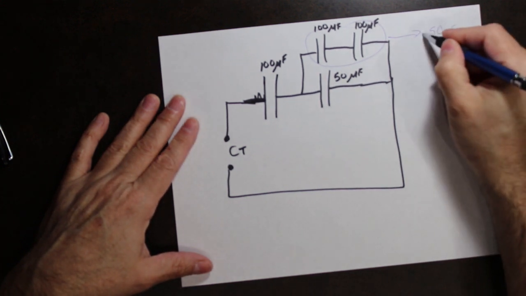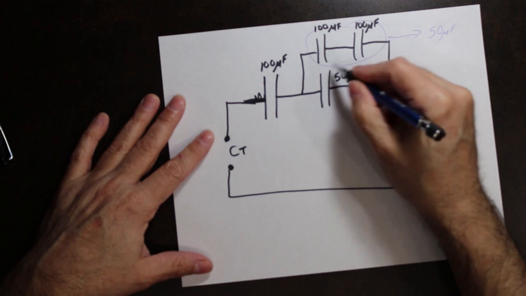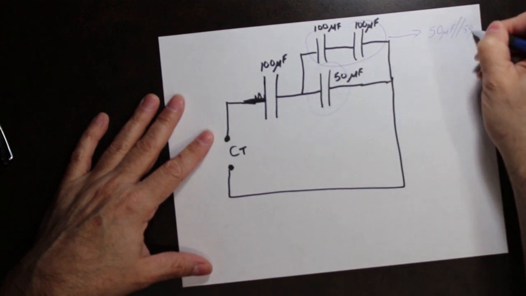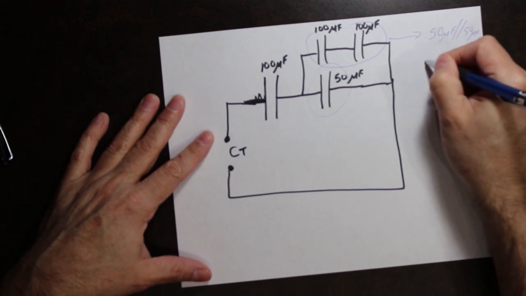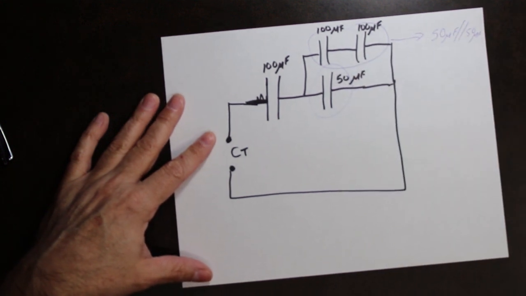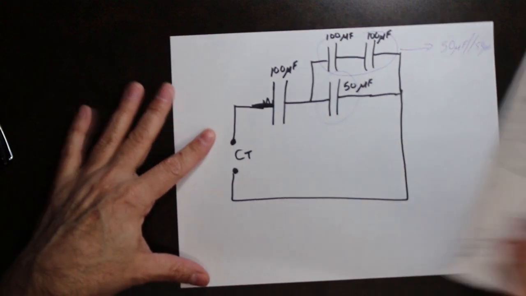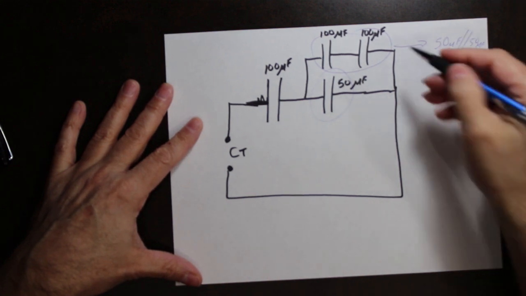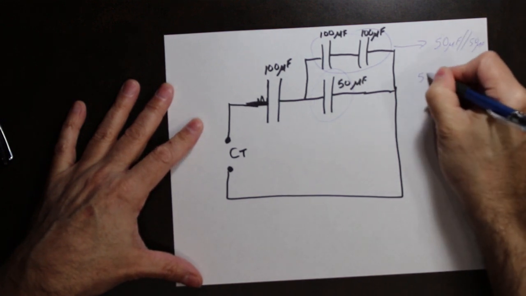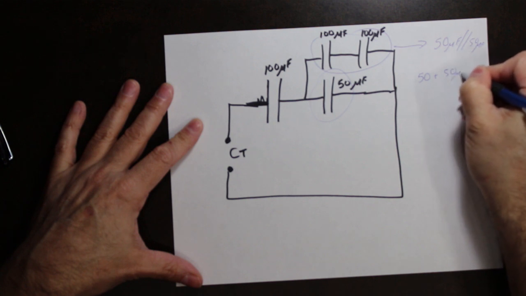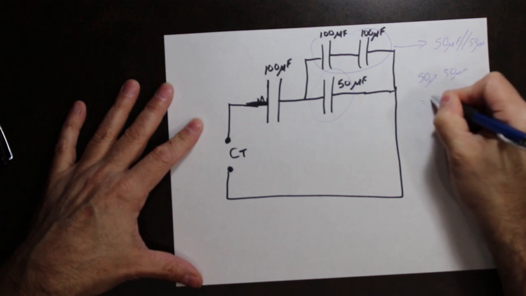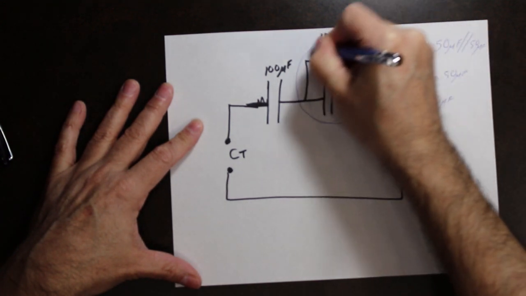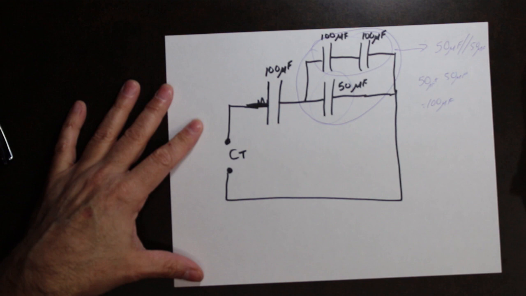Then we have a 50 microfarad capacitor in parallel with another 50 microfarad capacitor. When we do capacitors in parallel, we add them. So 50 plus 50 equals 100 microfarads. This whole thing here equates to 100 microfarads.